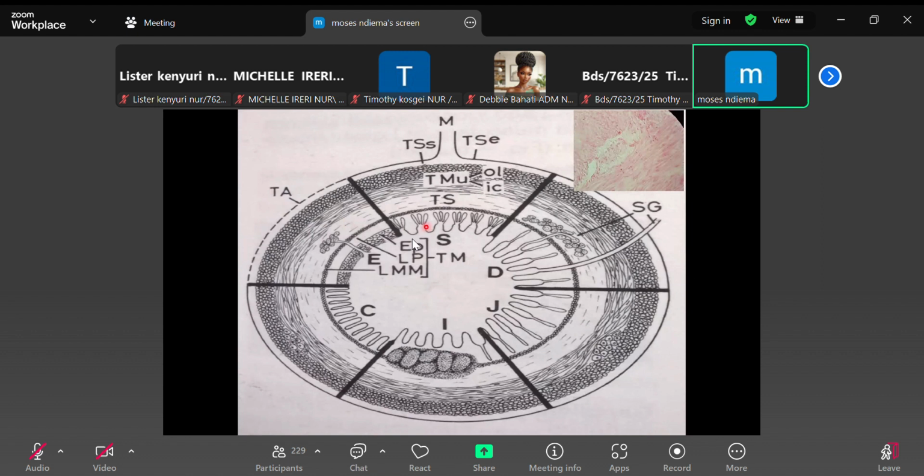These areas where we have an abrupt change of epithelium are usually prone areas. Instead of producing stratified squamous, they will produce simple columnar.